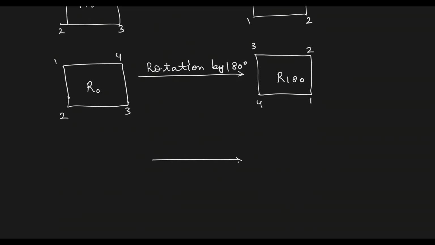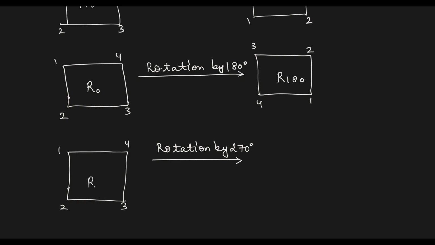Next, rotation by 270. One, two, three, four. Now one will be shifted 3 places. So it will become 1, 2, 3, 4. R270.